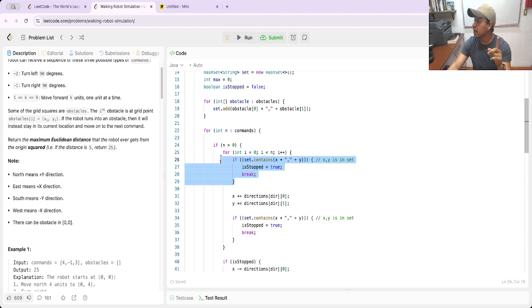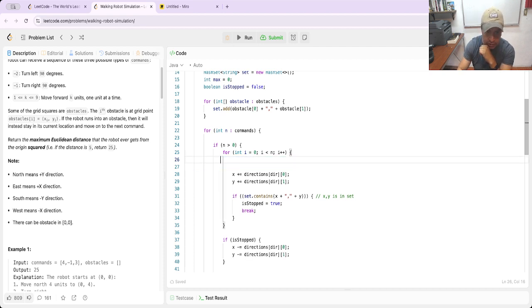Okay, got it. Maybe I am understanding this problem wrong, because it's okay if you have 0 0 as an obstacle, but it's only when you cross, not when you stay in the 0 0.